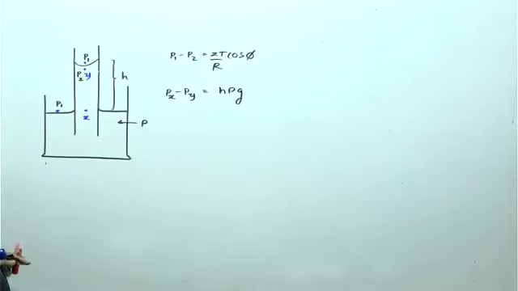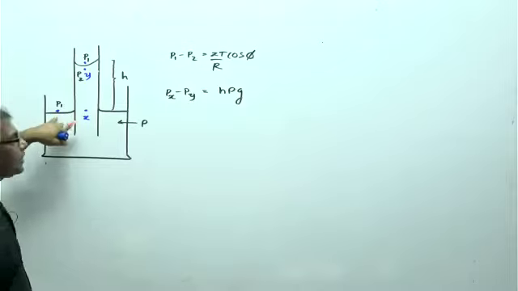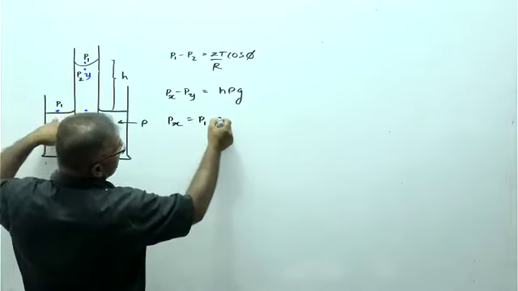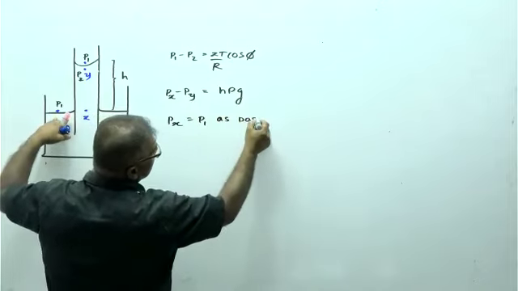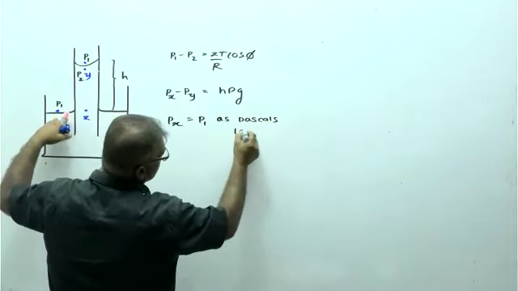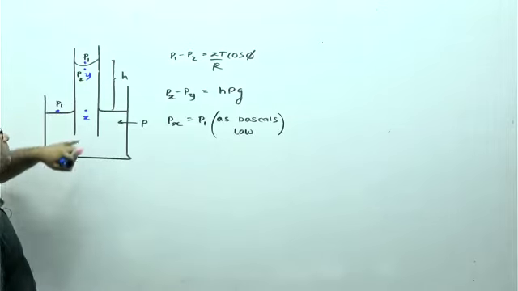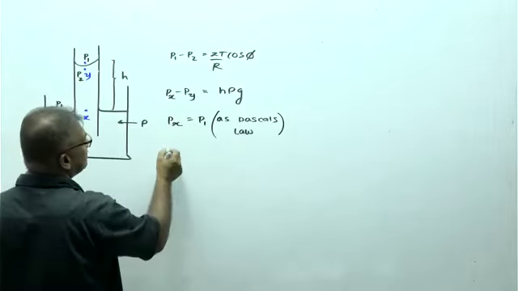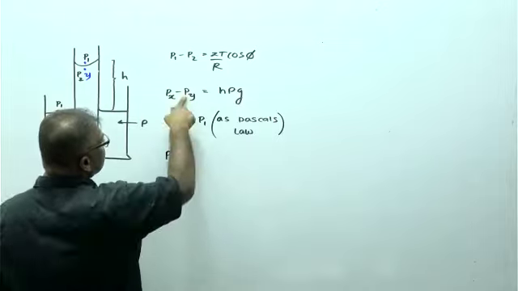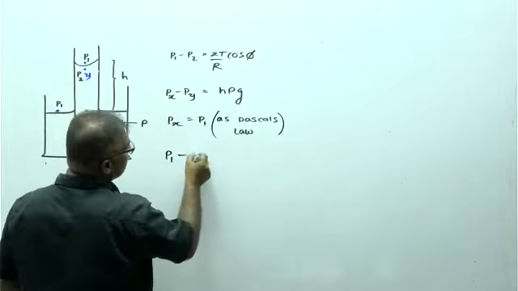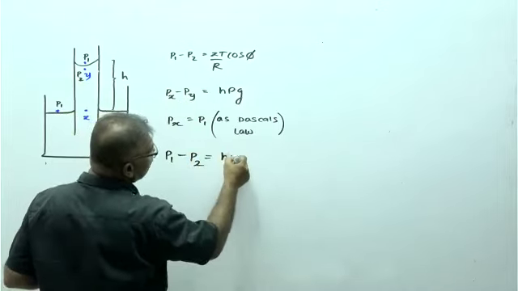Px is equal to P1, as per Pascal's law. May I replace it? P1 minus Py, and Py is P2, so P1 minus P2 equals h rho g.